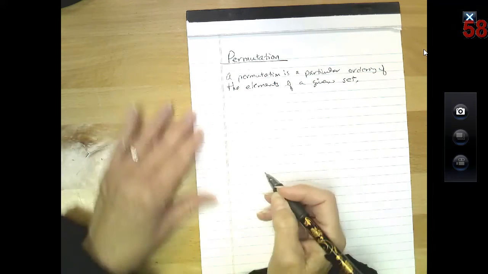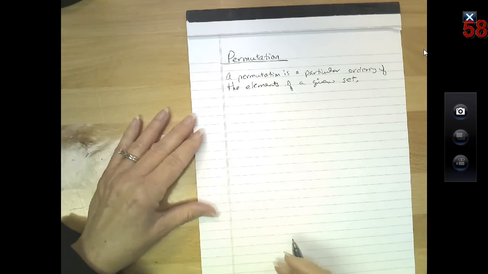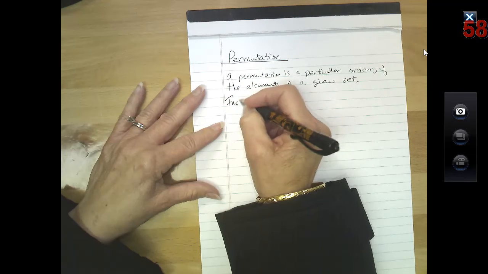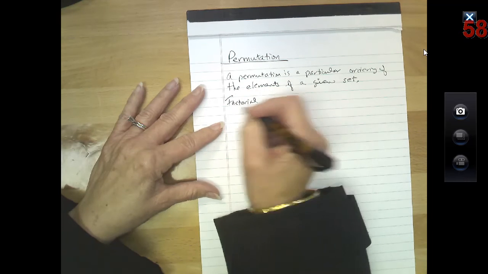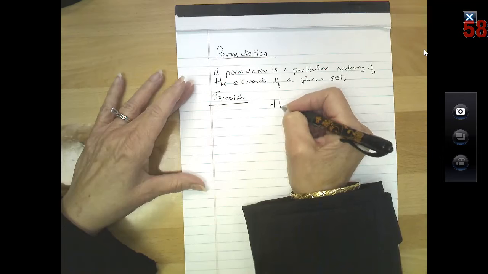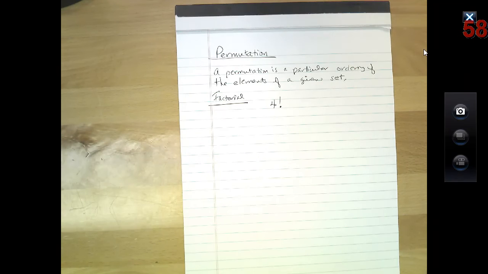A particular ordering of the elements of a given set. And we're going to talk about factorial. You'll have something that looks like that.